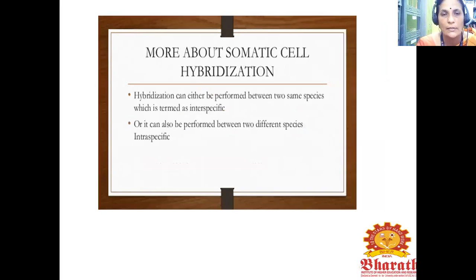Hybridization can be performed between two cells of the same species, which is termed intraspecific, or between two different species, which is termed interspecific. If the hybridization occurs between the same species, we call it intraspecific. If it occurs between two different species, we call it interspecific.